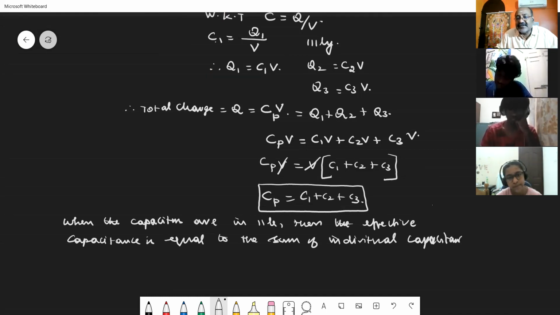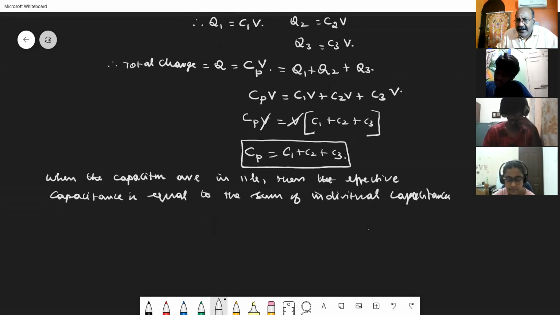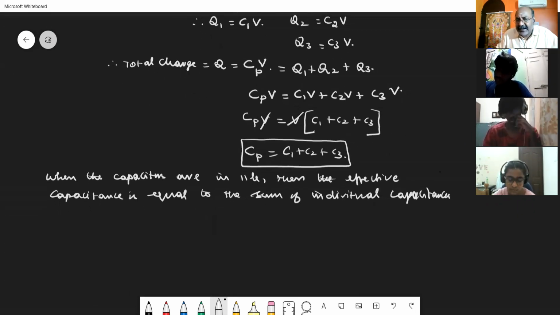Hope you have understood. At the same time, when the capacitors are in parallel, the effective capacitance is equal to the sum of individual capacitances.